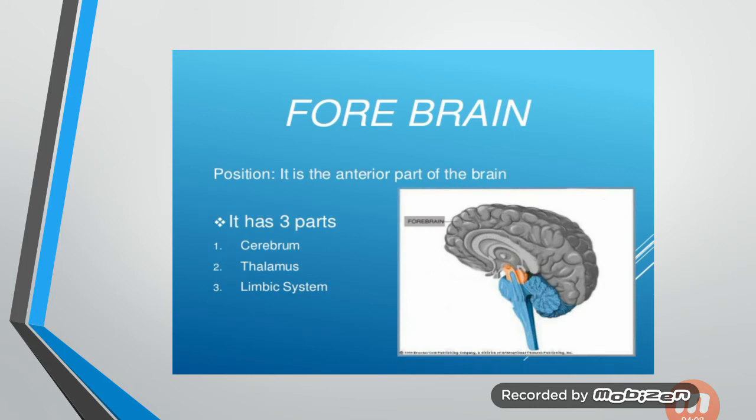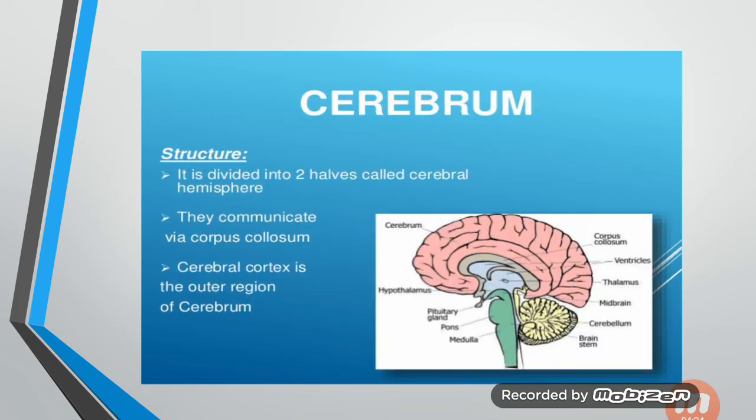Now the forebrain has further three divisions, and it is divided up into three functional parts: cerebrum, thalamus, and limbic system. We will talk about them one by one.